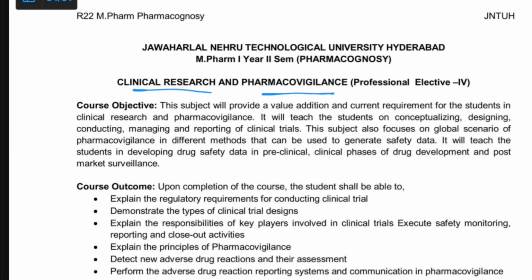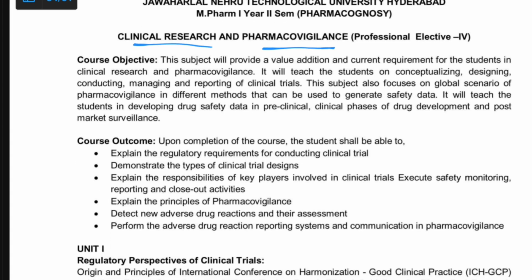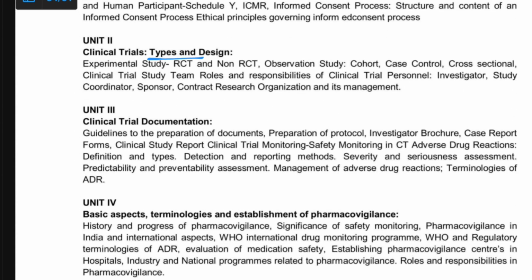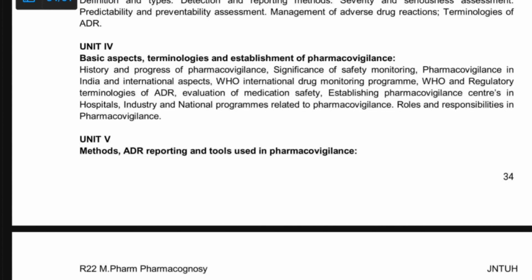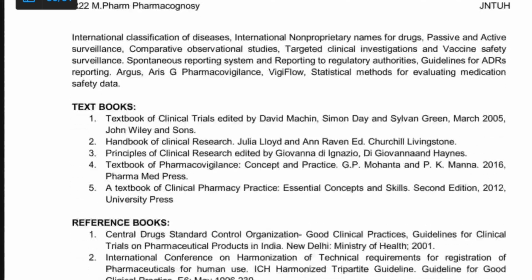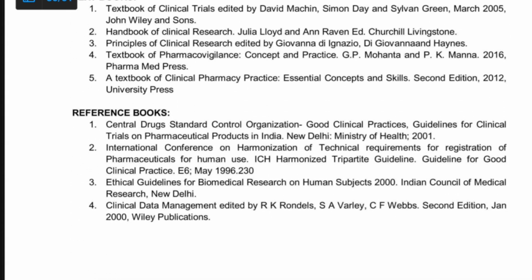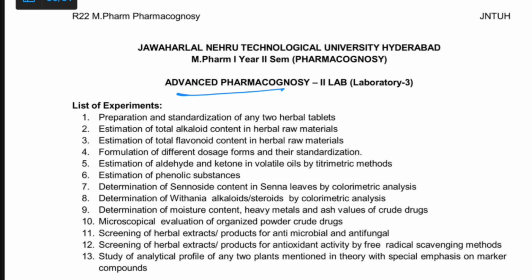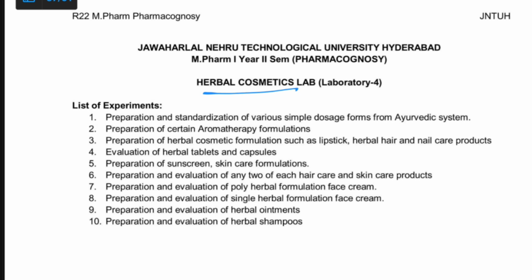Clinical research and pharmacovigilance: regulatory perspective of clinical trials, types and designs, clinical trial documentation, biostatistics aspects and terminologies, and establishment of pharmacovigilance methods, ADR reporting, tools used in pharmacovigilance. Advanced pharmacognosy 2 lab and herbal cosmeceutical lab, and these are the experiments.